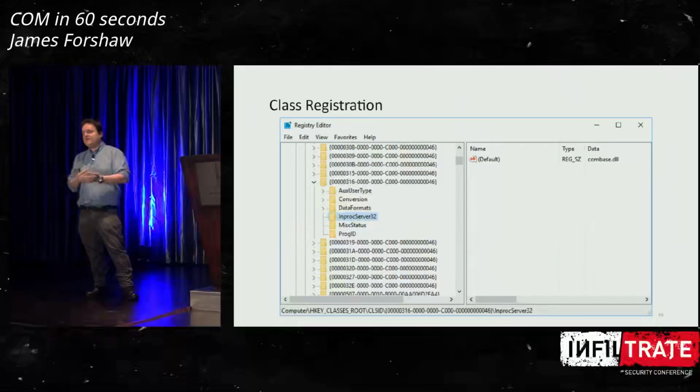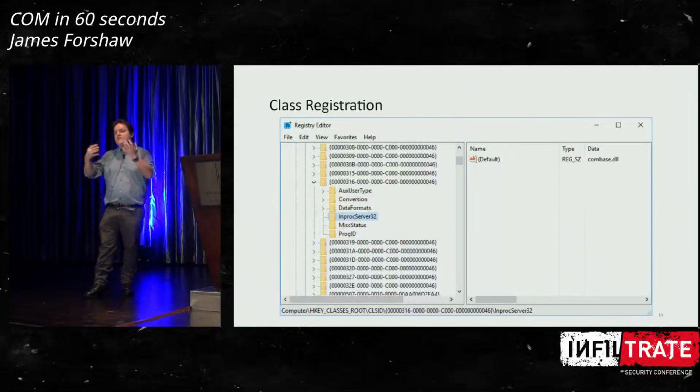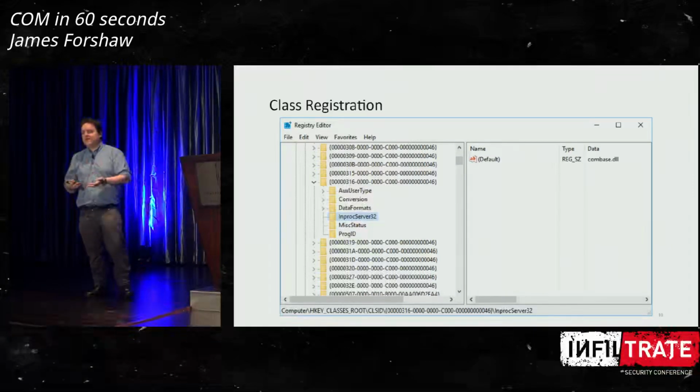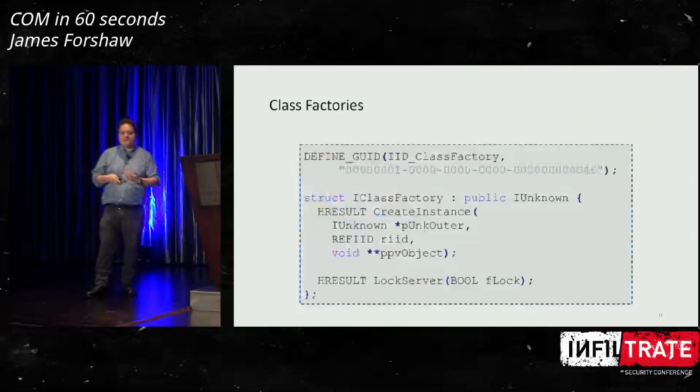But effectively underneath that, there's a registry key called CLSID. This is referring to the class ID, and effectively this is, again, a GUID, which refers to a registered object that you can create. Underneath there, you have the string form of the class ID you want to use, and then all the registration information is listed under that.